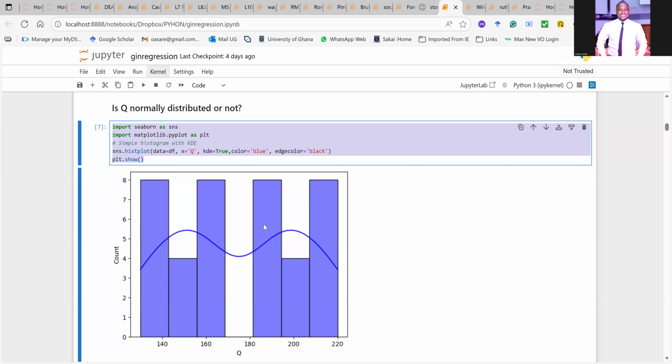So we call it bimodality. So what does the fact that it has 2 peaks tell you regarding normality? What does it tell you?